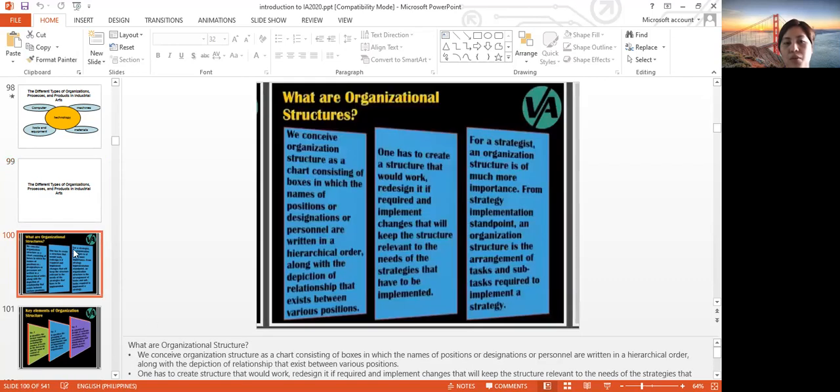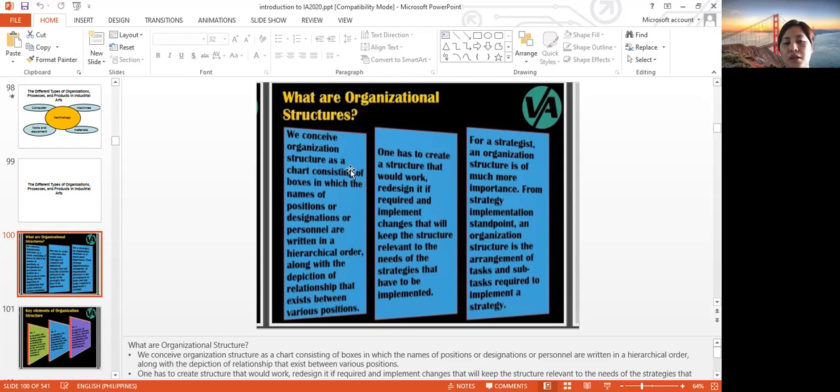Okay, so what are organizational structures? We conceive organization structure as a chart consisting of boxes in which the names of positions or designations or personnel are written in a hierarchical order along with the depiction of relationships that exist between various positions. Now, if I ask you, what comes first to your mind whenever you hear the word organizational structure?